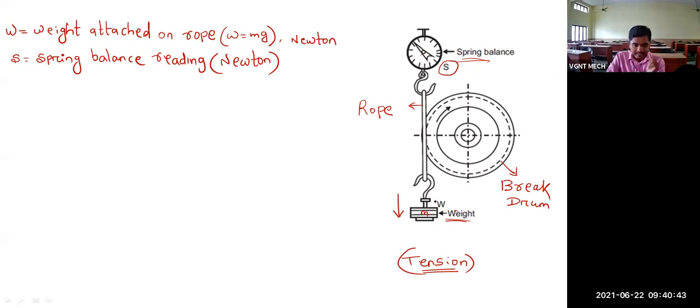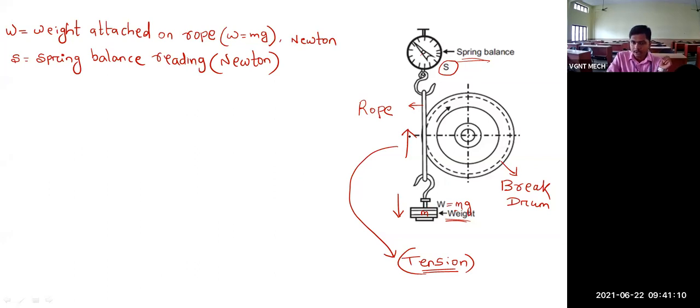So if the weight is acting downward, then an opposite reaction force should act in the upward direction. That upward force is called tension. This downward force we can calculate from W equal to M into G. But what about the upward force?